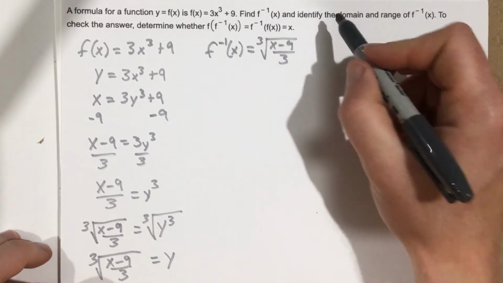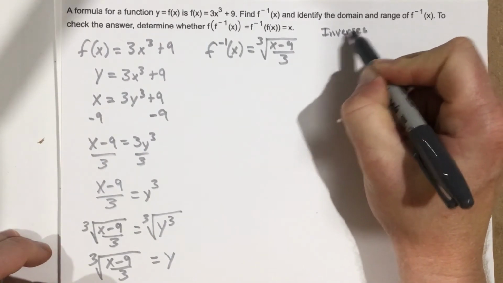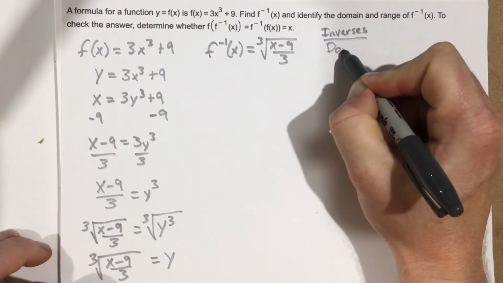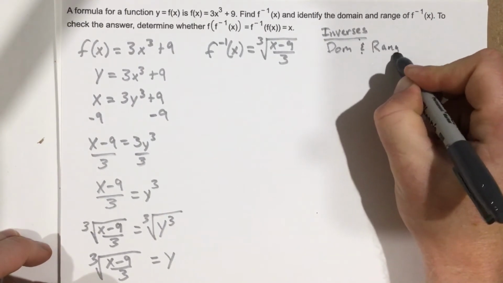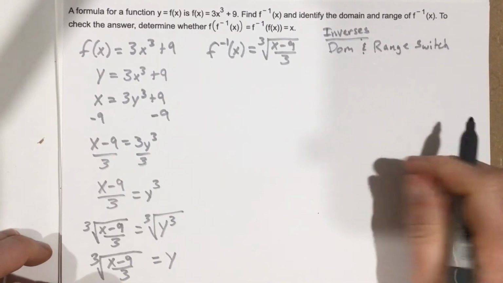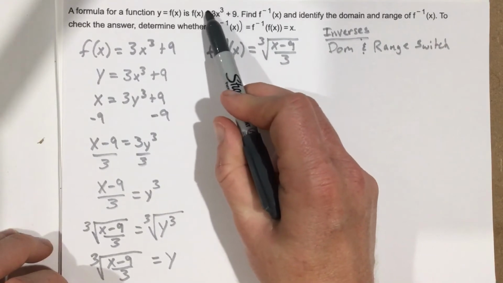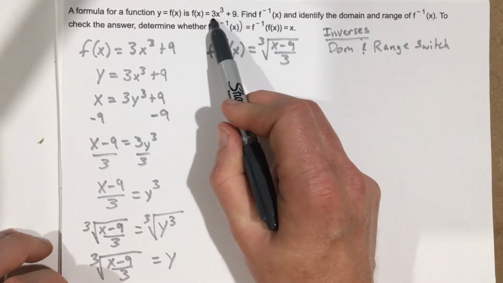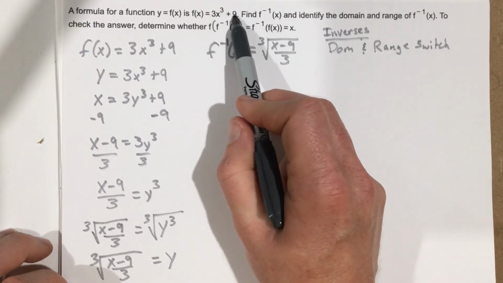Well, remember with inverses, we know domain and range switch. So because this function here is a polynomial, its domain is negative infinity to infinity, and its range is negative infinity to infinity.